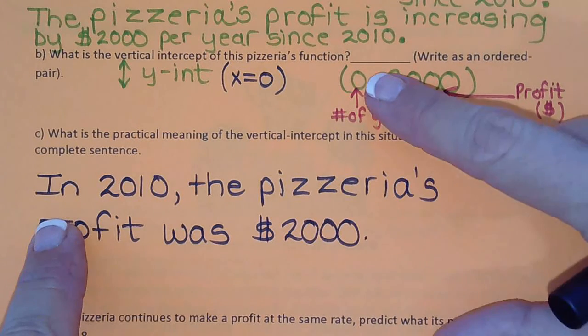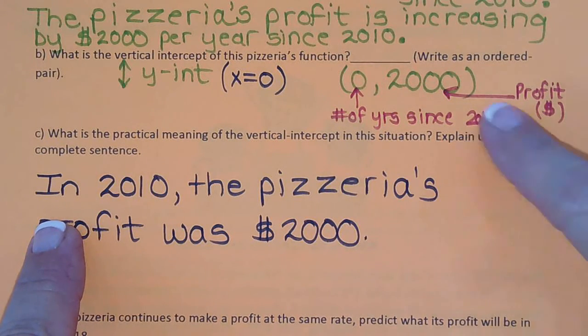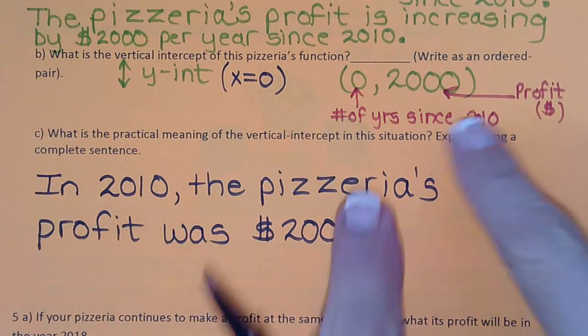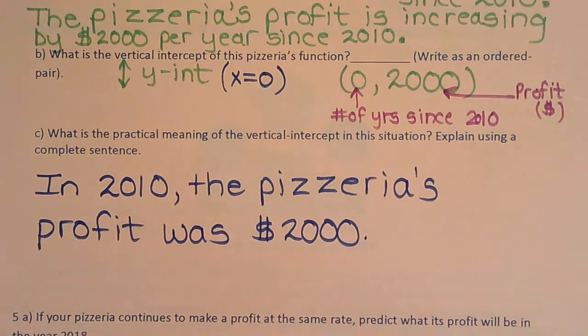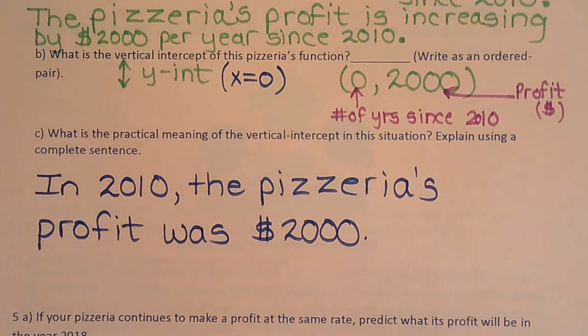So in 2010, because that's 0 years after 2010, the pizzeria's profit was $2,000. And it's always the table that will help you with these labels, or sometimes it's in the opening paragraph. So put the labels on, write your sentence.